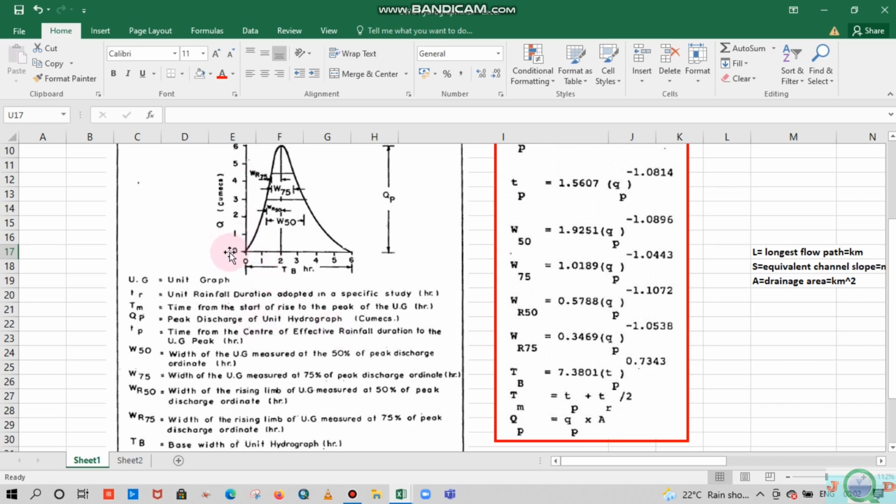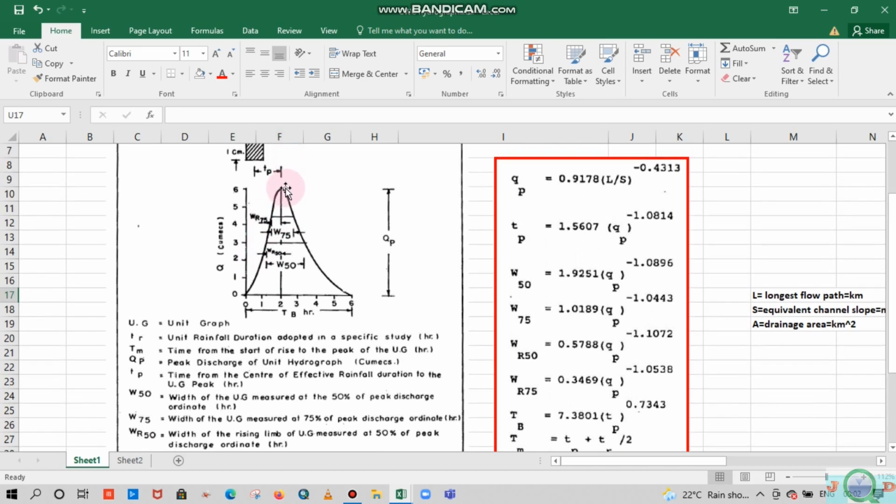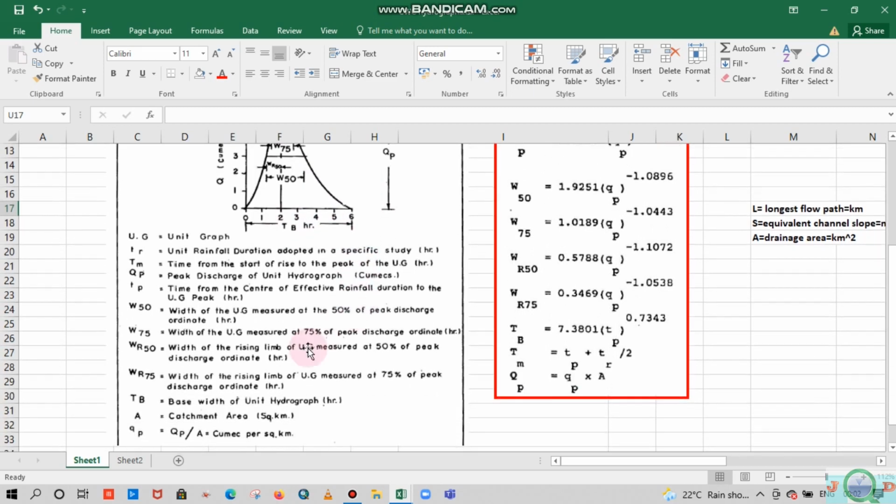We will connect these points, from 0 to this WR50 and WR75, and use the peak point Qp and draw a smooth curve. And to find this TB, that is the total time base of the unit hydrograph, this base width is nothing but the total time width of the unit hydrograph.